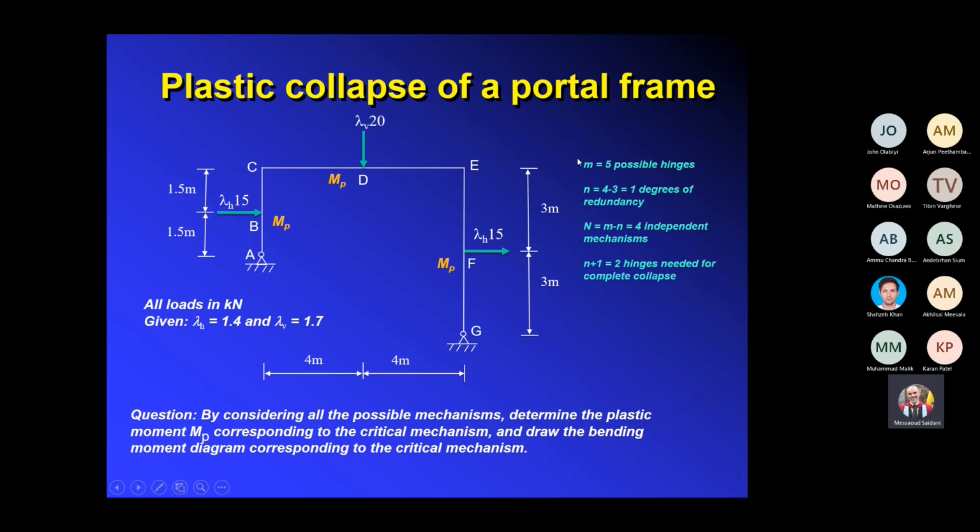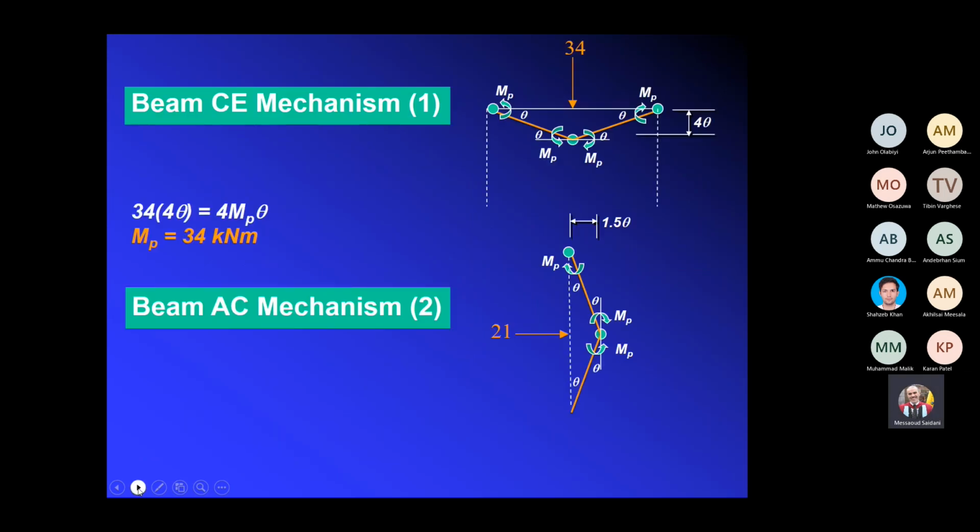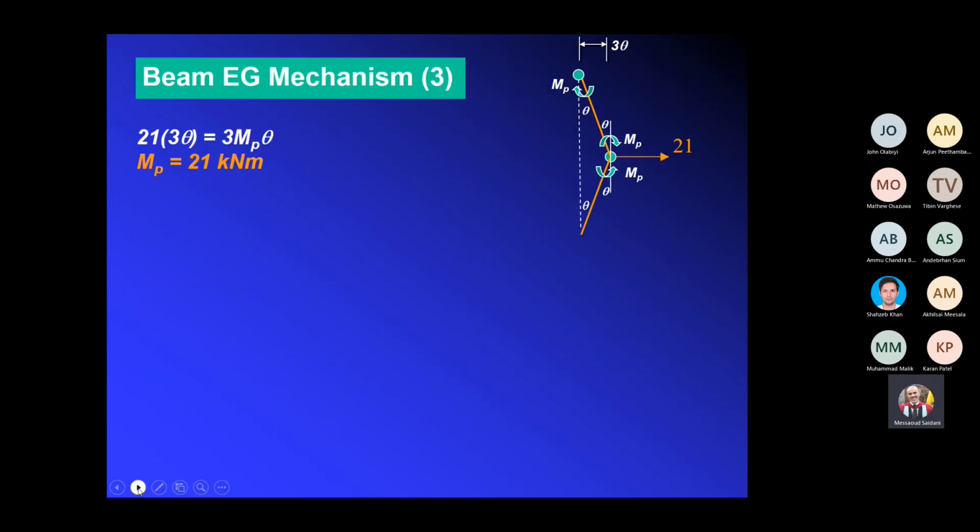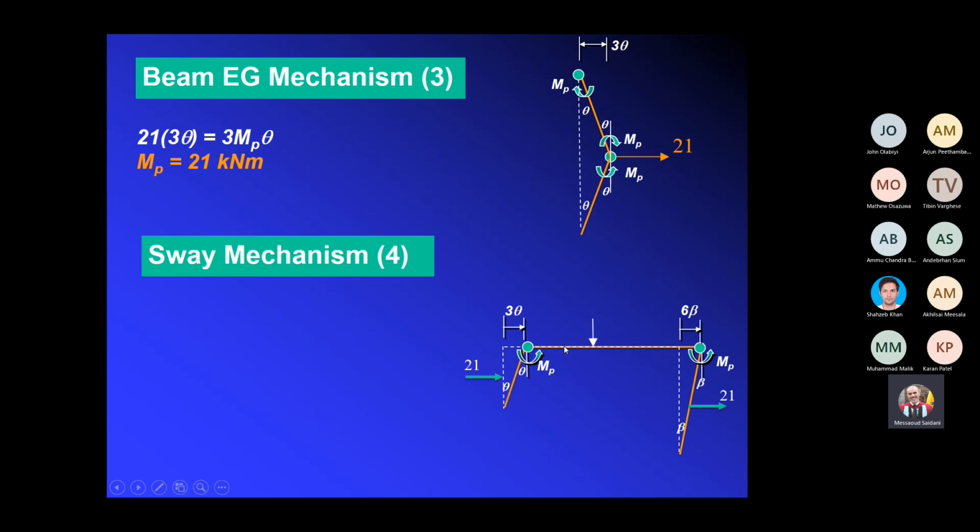If you go back here, although we have 5 possible hinges, we actually need only 2 for total collapse. So therefore, the sway mechanism is a mechanism of total collapse.